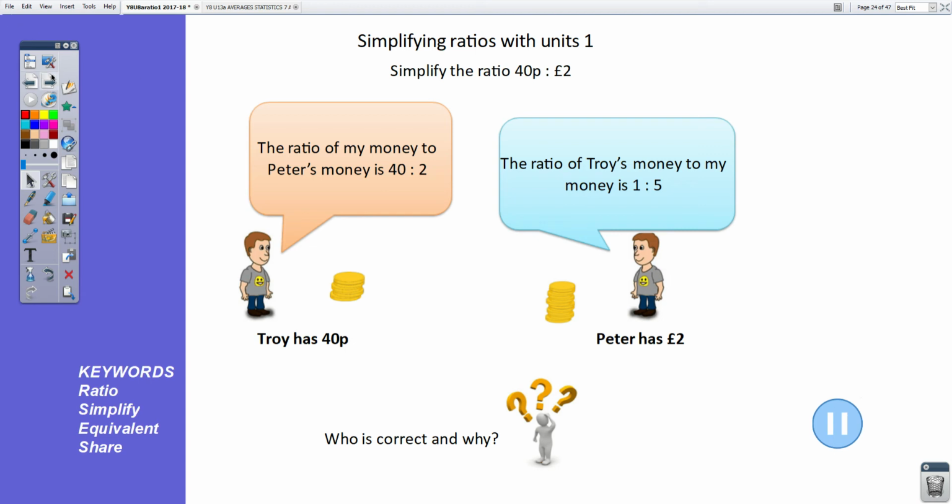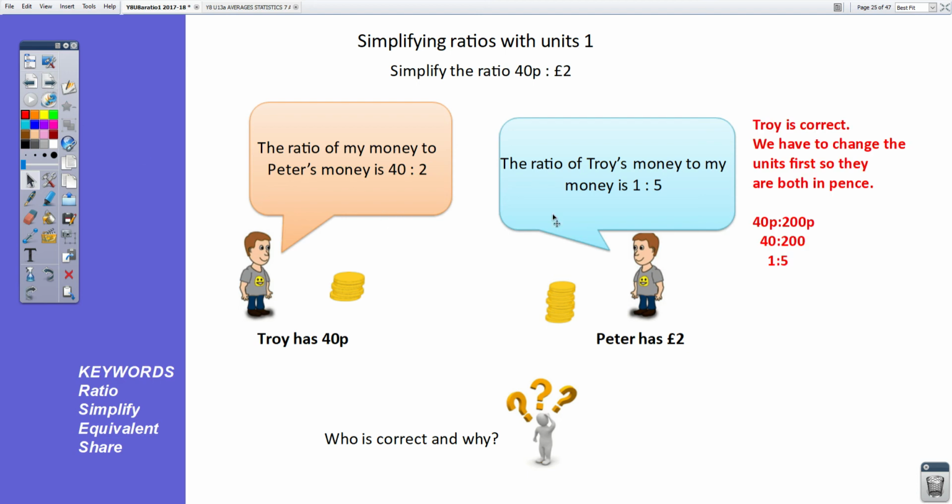Okay, let's have a look. Well, Troy is actually correct. We have to change the units first so that both amounts are in pennies. So Troy's got 40 pennies, Peter's got £2. There's 100 pennies in a pound, so £2 is 200 pennies. So their actual ratio is 40p to 200p. We can ignore the p's and just write it as 40 to 200.